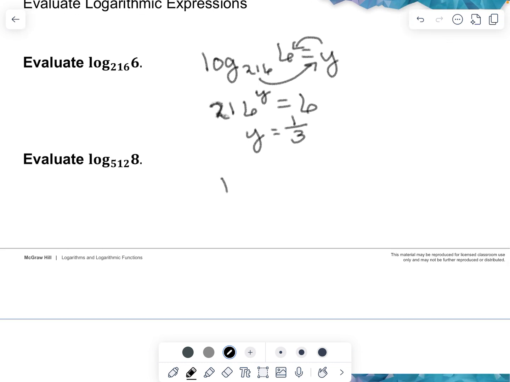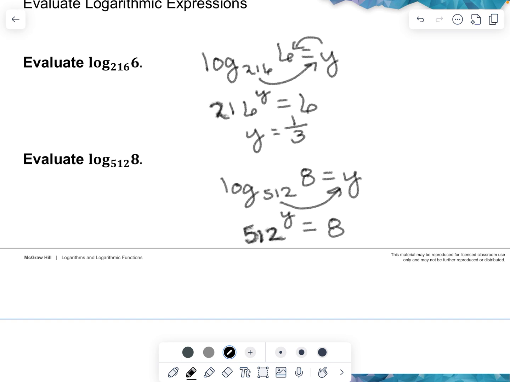So let's try it again. The log base 512 of 8 equals y. So I'm looking for 512 raised to some power that will give me 8. I know it's got to be a fraction again because I'm going to 8, I'm starting at 512.